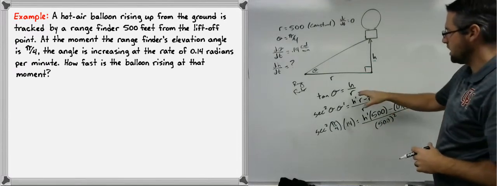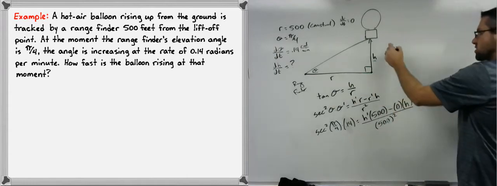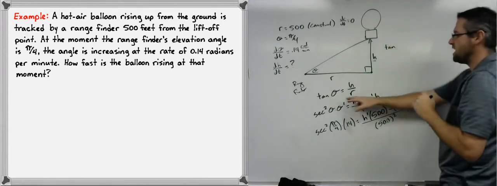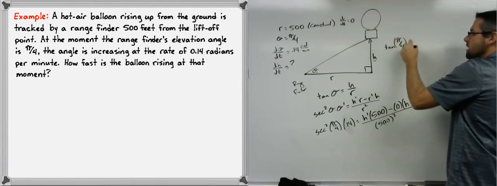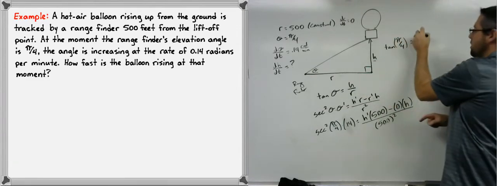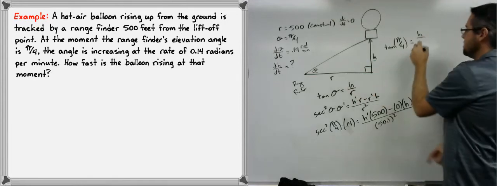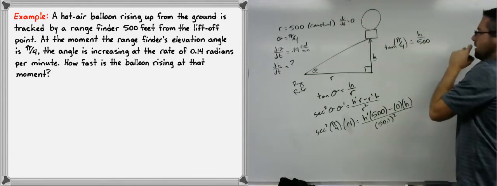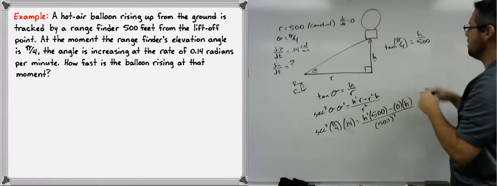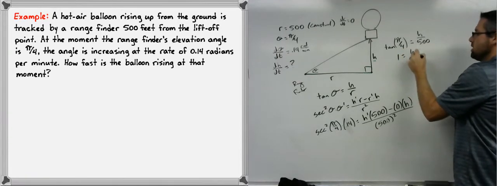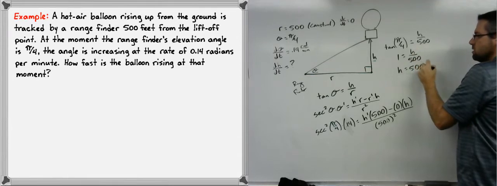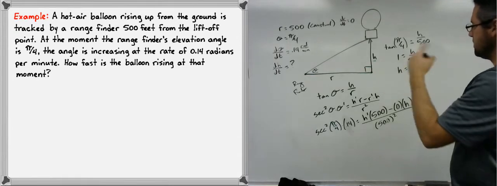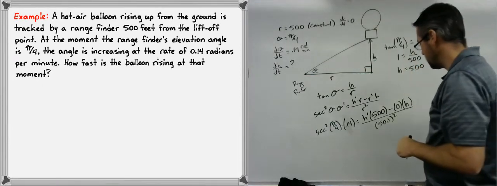Well, fortunately, we can go back to our original equation and say, well, the tangent of pi over 4 is equal to h, which I don't know, over r, which is 500. And so the tangent of pi over 4, that's just going to be 1 equals h over 500. So h is 500. Is that correct? I believe that's correct. So h is going to be 500 here.